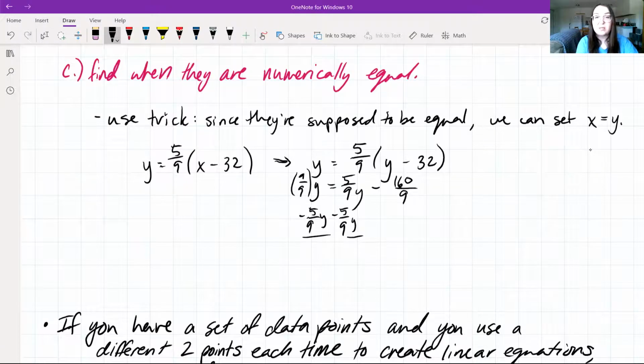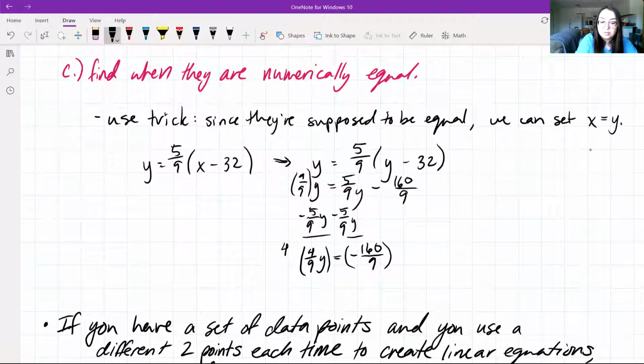So if we subtract 5/9, we're going to get 4/9 y is equal to negative 160 over 9. And since both sides are being divided by 9, we wanted to keep that in fraction form, because now we can just multiply each side by 9 to cancel out those 9s.